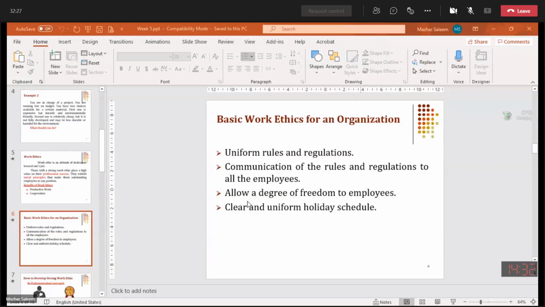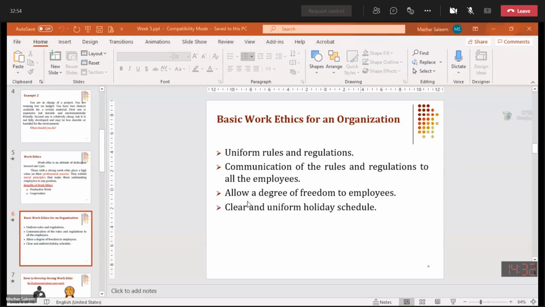But as an employee, there is another side as well. If you have a secure job and peace of mind, and you see your job as a career job that you will be spending maybe your lifetime in that organization, then in that sense you might contribute more because you feel yourself a part of that organization.